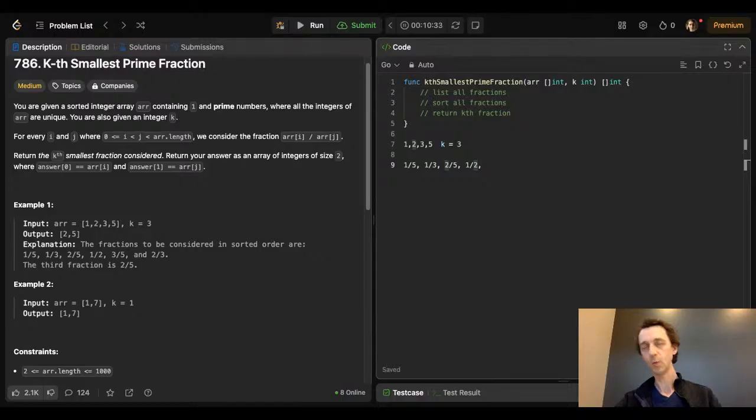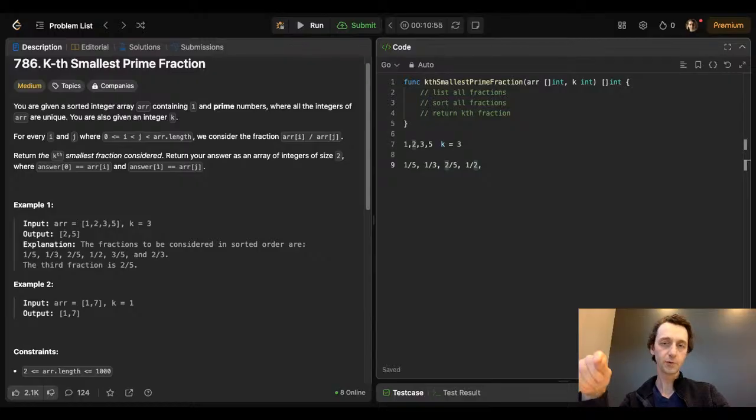So, I mean, we want to try to tell that this number is kth in the list of all the numbers, all the fractions.